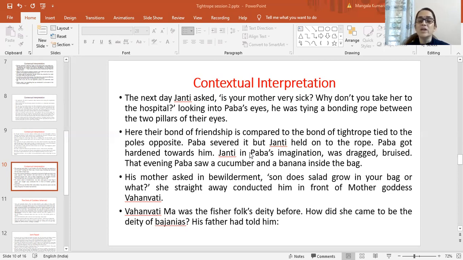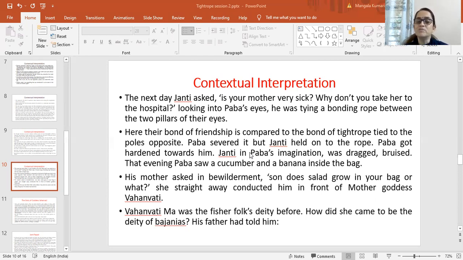Observe this. Looking into Paba's eyes, Janti was tying a bonding rope between two pillars of their eyes. Here their eyes are compared to two pillars, opposite pillars, and Jatinda is trying to tie a bonding rope between the two eyes. Bonding rope represents the bond of friendship between Jatinda and Paba.